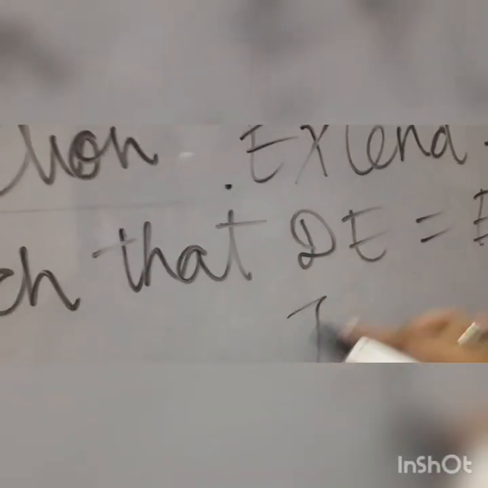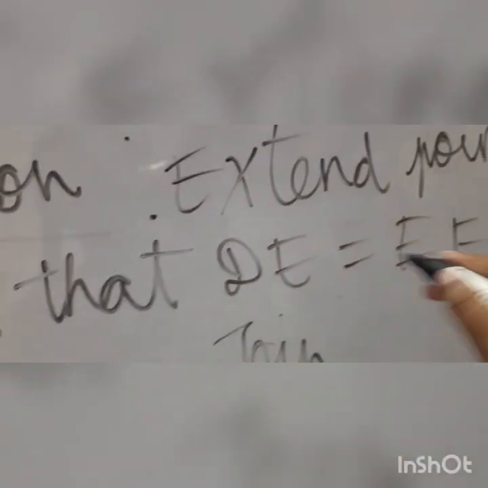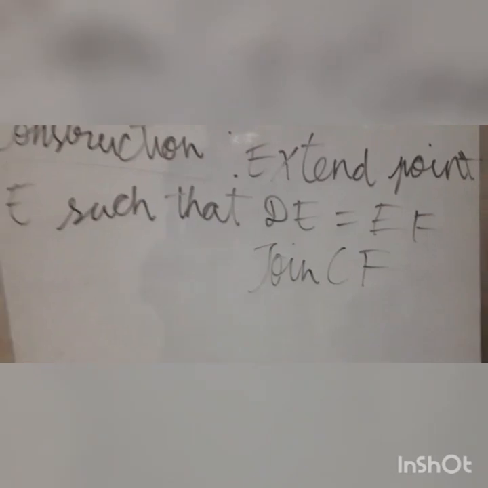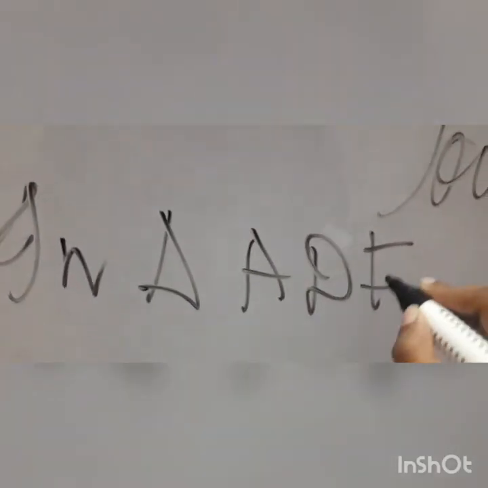Then, if DE is equal to EF, we should join CF. Okay.